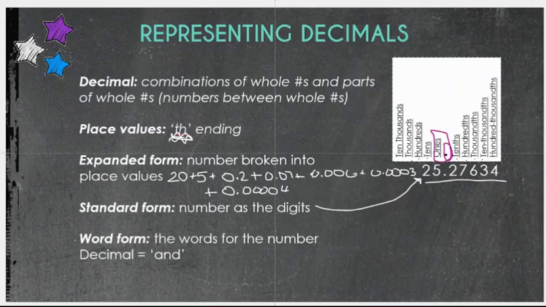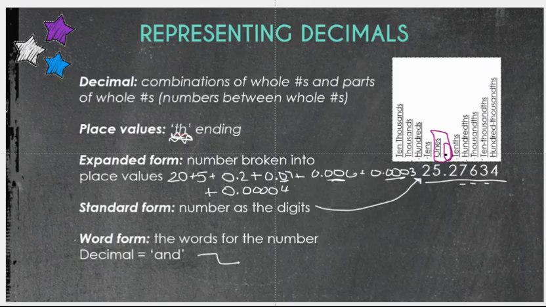And this is just something when students practice, they need to be aware of the fact that the zeros do replace the numbers that we are not addressing in that particular place value, so that we're still writing 2 tenths as 2 tenths. The 7 is being written as 7 hundredths. The 6 is being written as 6 thousandths. The 3 is being written as 3 10,000ths, and so on. So that is our expanded form.